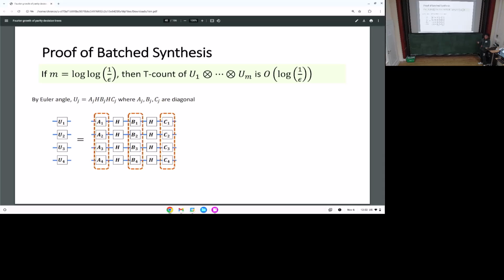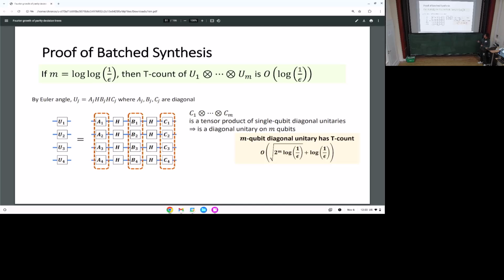And we just need to implement them because the Hadamard gate is a Clifford gate. So let's take a look at C, for example. C1 tensor C2 tensor up to Cm is a tensor product of single qubit diagonal unitaries, so itself it is going to be diagonal. It's a diagonal unitary on m qubits. And we know what the T count is for that.